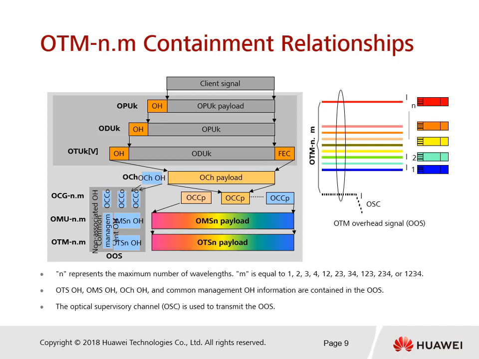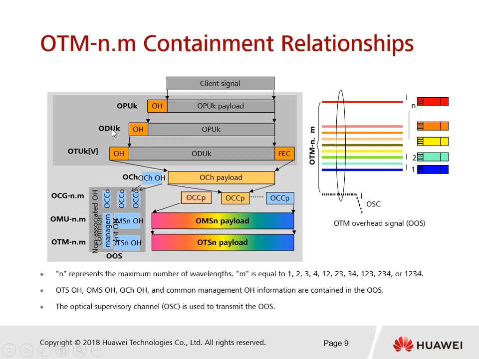As you can see here, first we have the client signals, for example GE services. They serve as the payload for the OPUk, and then we add the OPUk overhead. So this is the OPUk signal. For the OPUk signal, we then add the ODUk overhead.